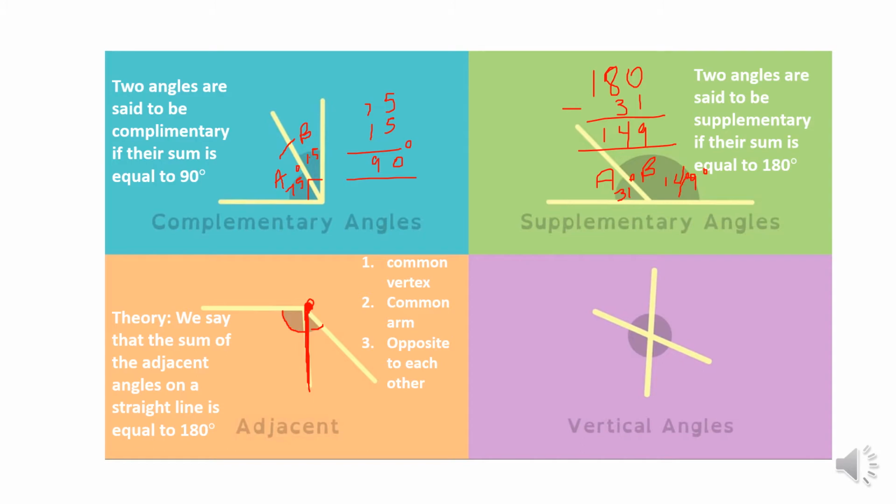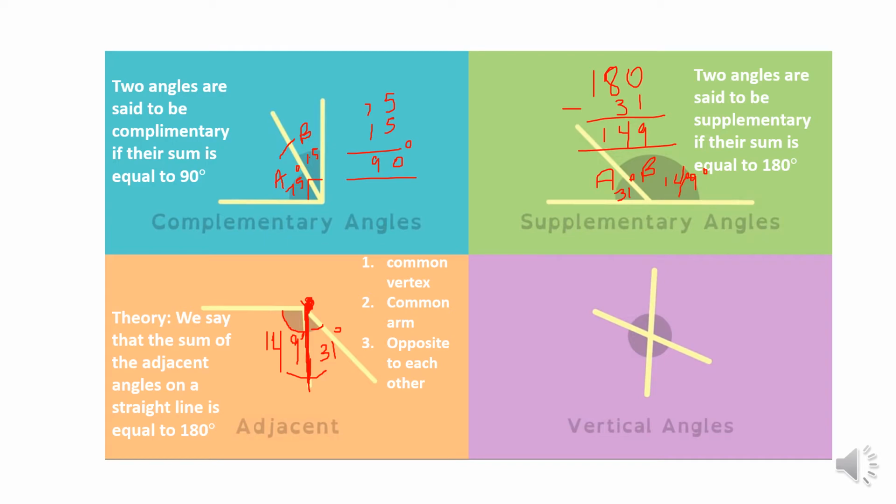So again, like supplementary angles, if this side is 31, then this side will be 149 degrees. Why? Because they are adjacent angles. They share a common vertex, a common arm, and they lie on opposite sides of each other.